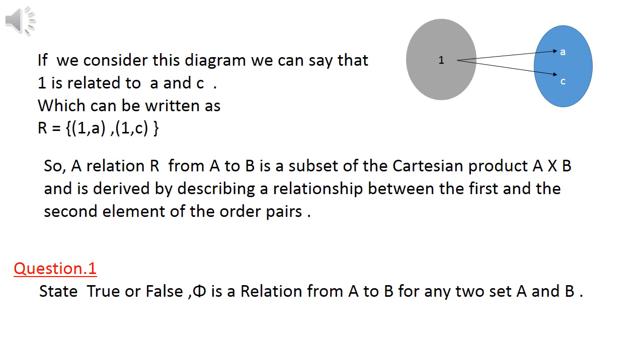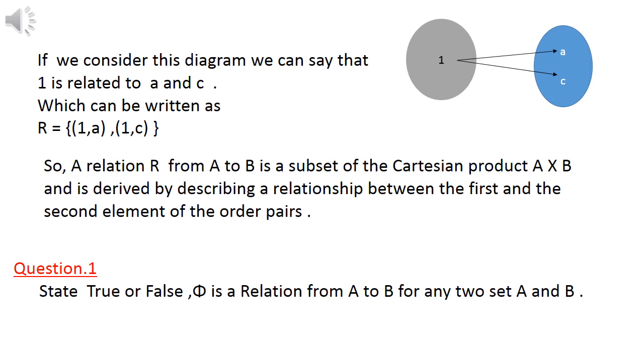Now we consider another diagram. In this diagram, we can say that 1 is related to a and 1 is related to c, which can be written as R equals the ordered pairs (1,a) and (1,c).